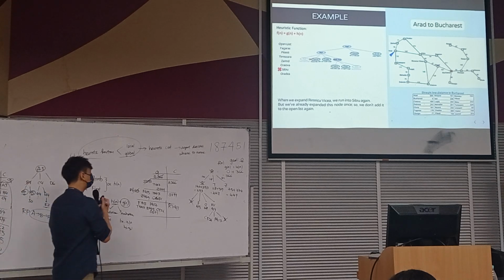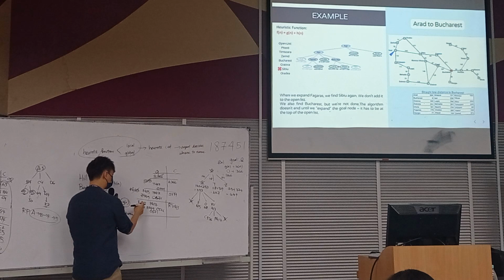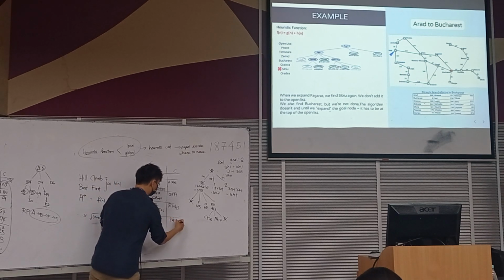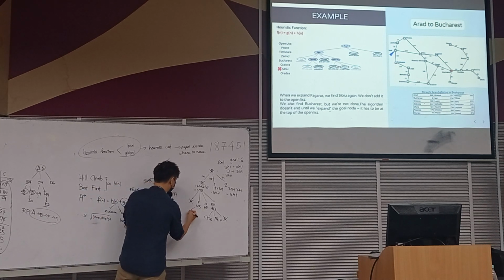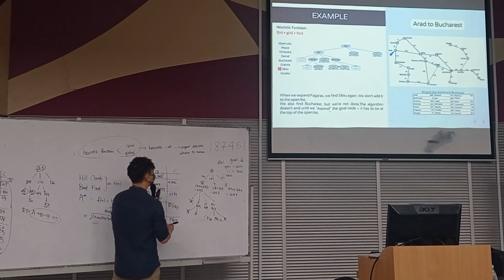Okay, continue. F is the first in the list now. Expand F 415. If you expand F, you can travel to 2 different places: Sibiu and also Bucharest. But Sibiu is already traveled before, so we don't expand. So B here you have 450.